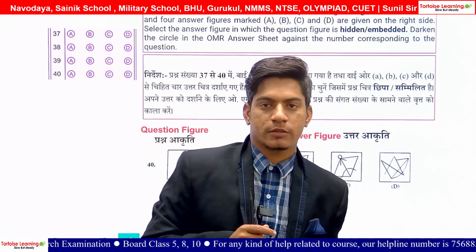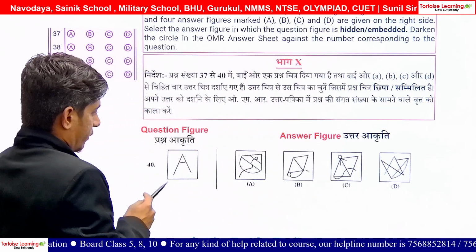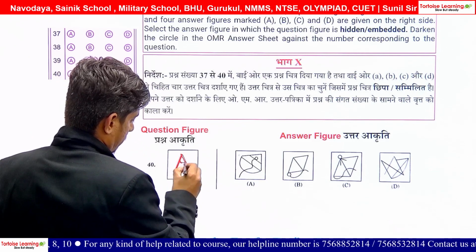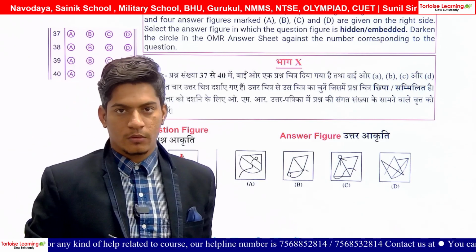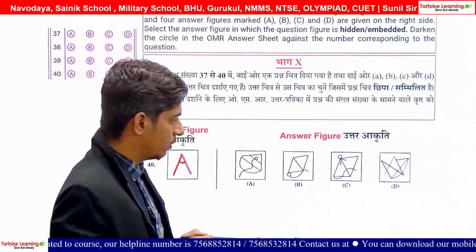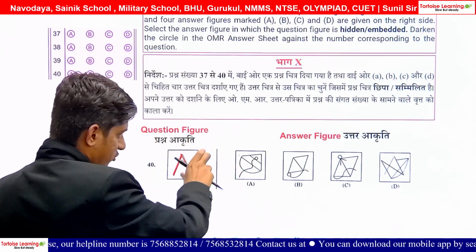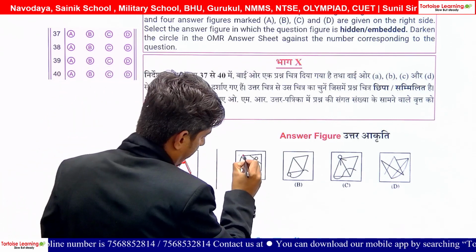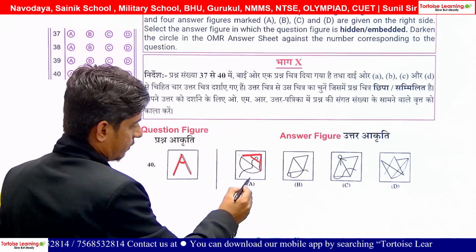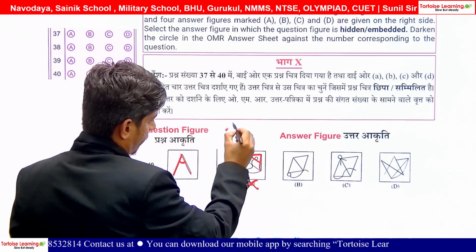If you look at this question, you can see clearly this angle is given. Okay, an acute angle is given, but we have to change the direction. If you change the direction, that is not correct, because we want this type of curve.